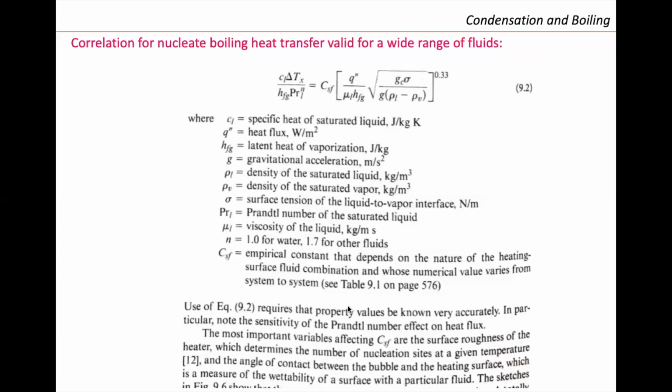As the author says, the values of the properties should be known very accurately. So the most recommended thing to do is to interpolate if you don't have the exact value, if you want a very accurate final value of heat transfer.